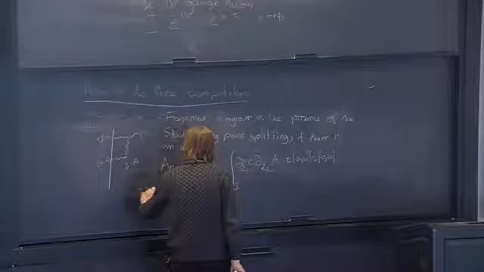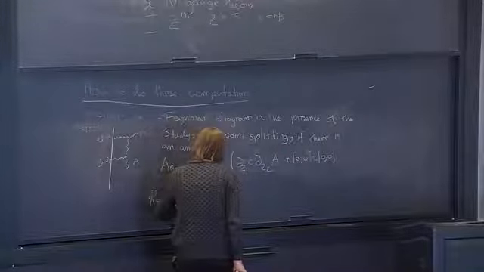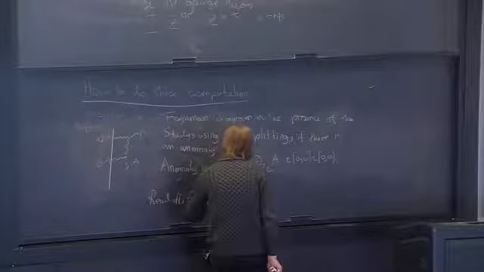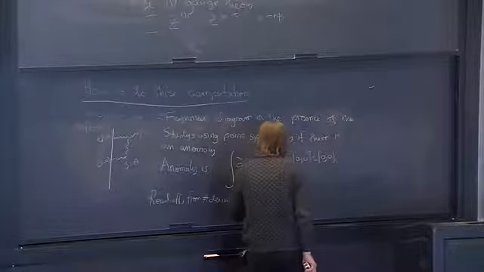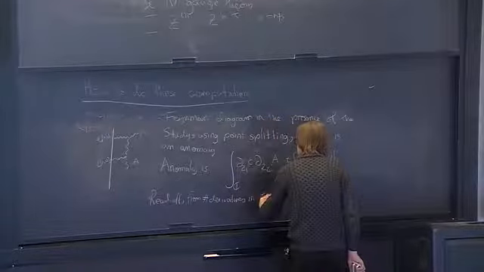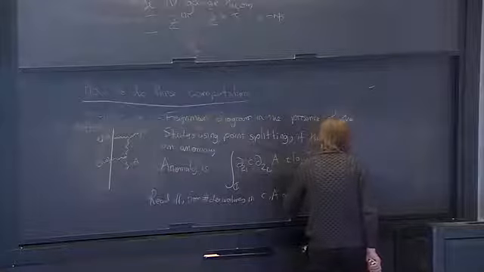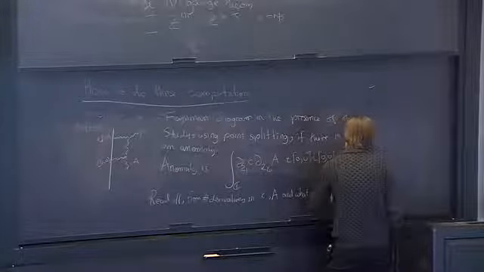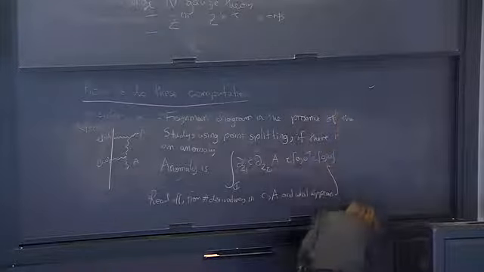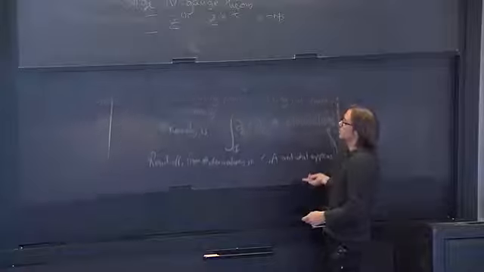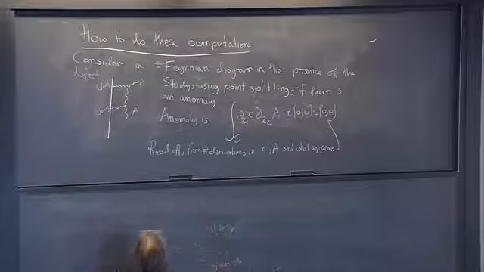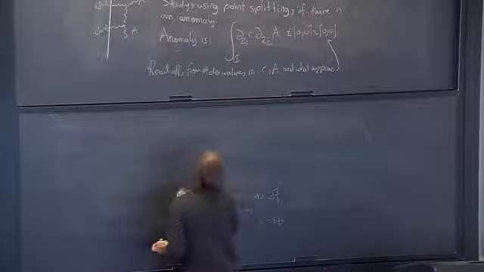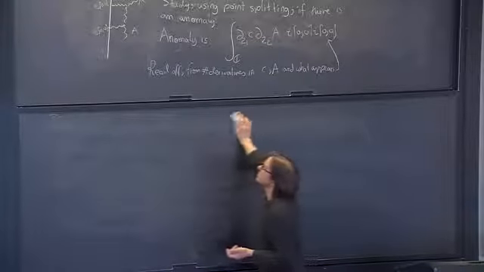So we read off from the number of derivatives in the fields C and A, and what appears here, that to cancel the anomaly, what the OPE coefficients have to be.